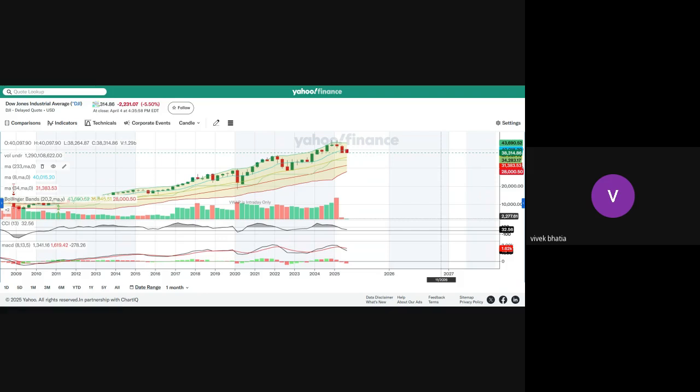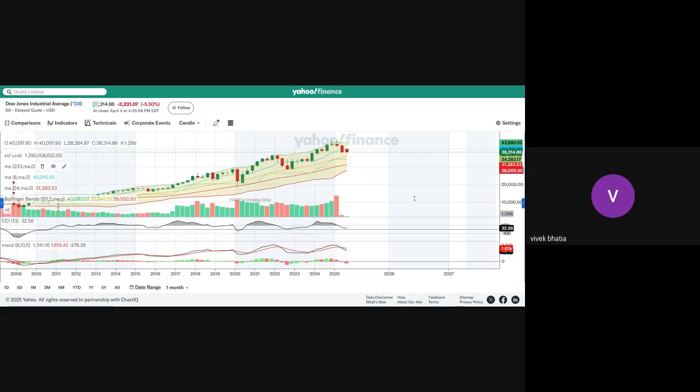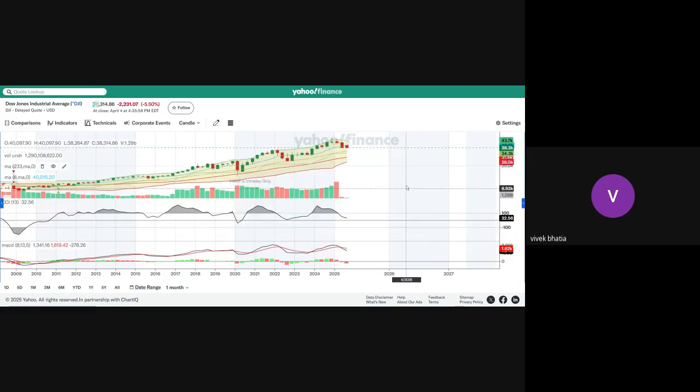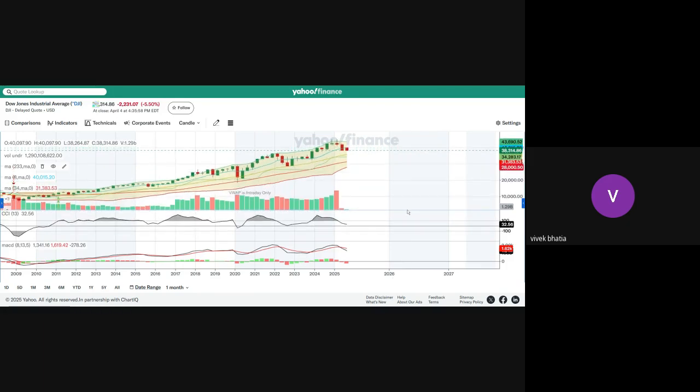Now, if you look at the monthly chart, you will realize that your first support is at 34,000. You are at 38 just now. Your support is at 34,300. And again, below that, you will realize the same supports are being held at 29 or 30,000 also.